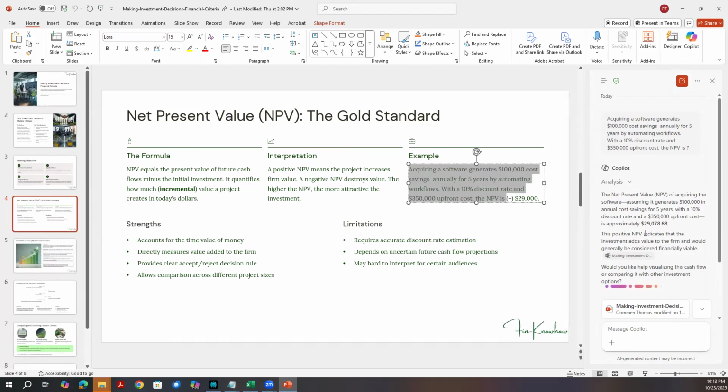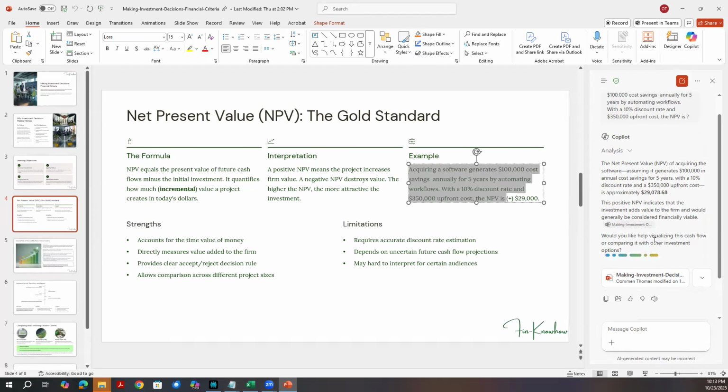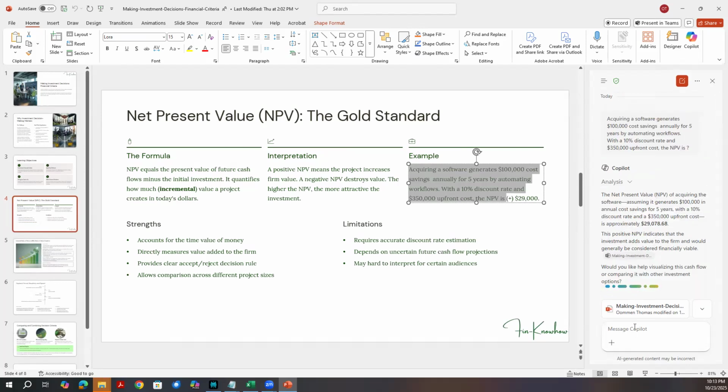It's positive here as well. And if you wanted to see the details behind the calculation, for instance, you can say, show me the detail behind the NPV conclusion.